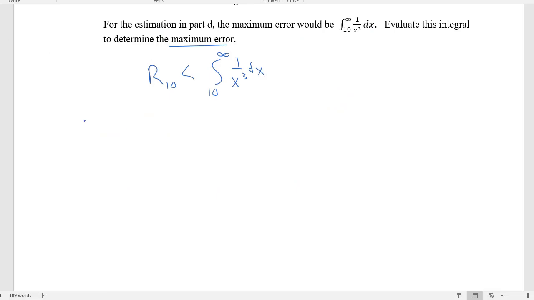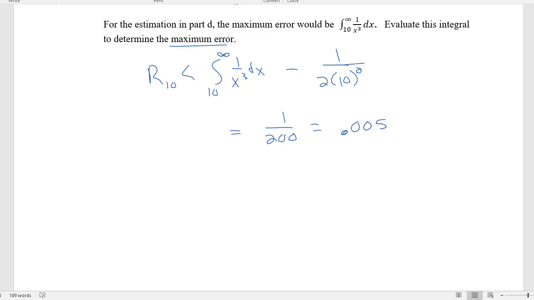All right, so we are going to get out of this integral 1 over 2 times 10 squared. And let's see, what is that? That's 1 over 2 times 100, or 1 over 200ths, which is, what is that, 0.005?